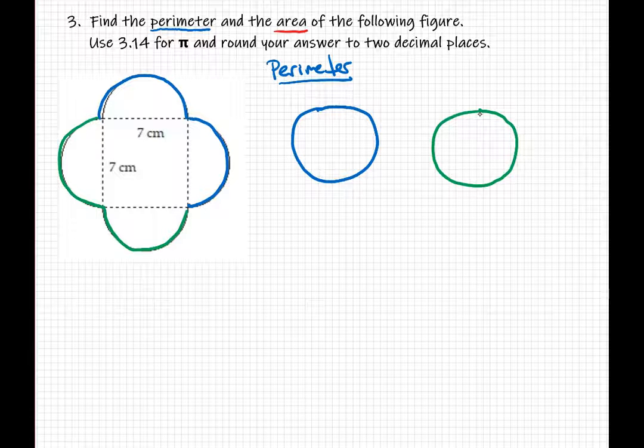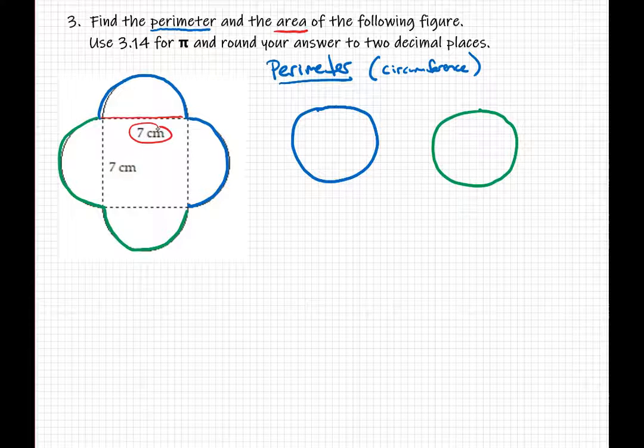Now, when we're talking about circles, we don't actually use the word perimeter. We call it circumference, but circumference is the perimeter of a circle. Now, we're given that this side here is 7 centimeters. That's the diameter of the circle.